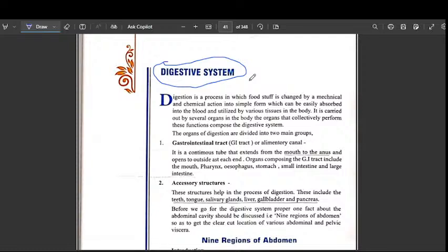Digestion is a process in which foodstuff is changed by a mechanical and chemical action into simple form which can be easily absorbed into the blood and utilized by various tissues in the body. So, in digestion, when we eat food, our digestive system engulfs the food and then by the tract it goes to the stomach, it digests.